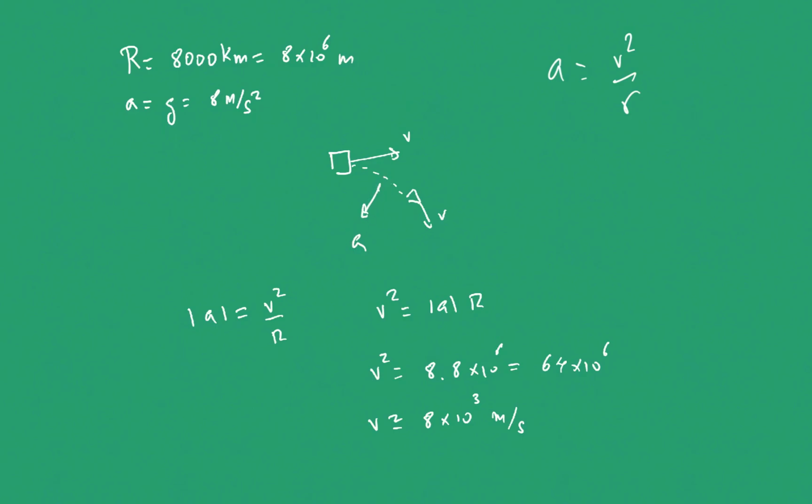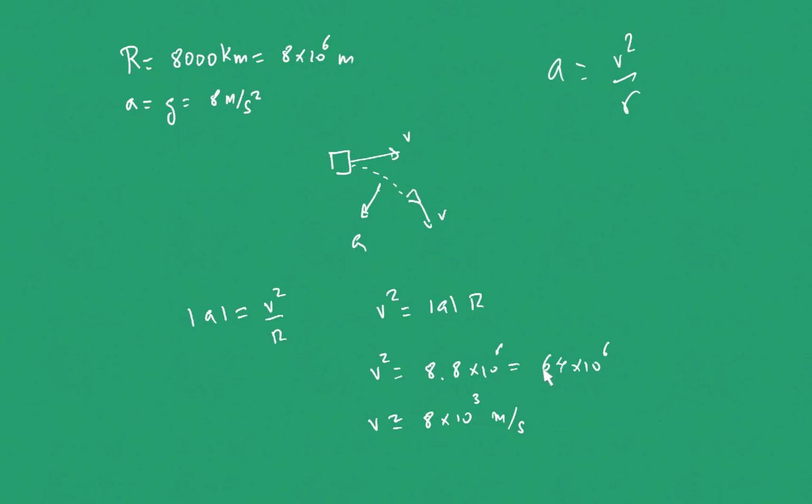Imagine this is the initial velocity, this is the final velocity, and the acceleration is going to the center, so the relation says that v squared is equal to a times r, so v squared will be 8 meters per second squared times r, which is 64 times 10 to the 6.